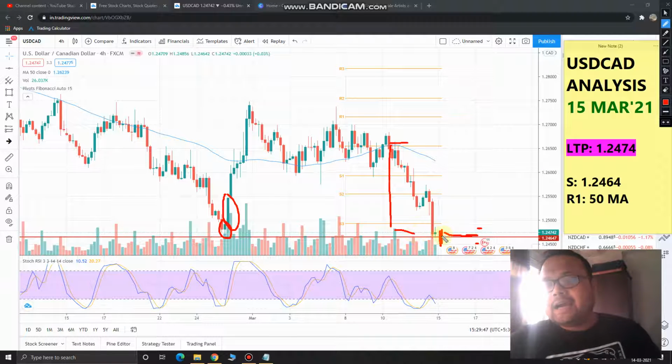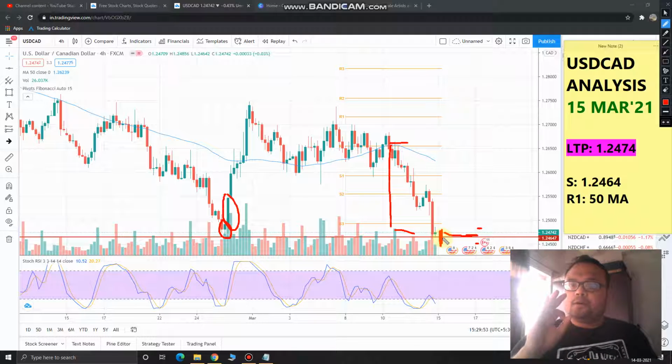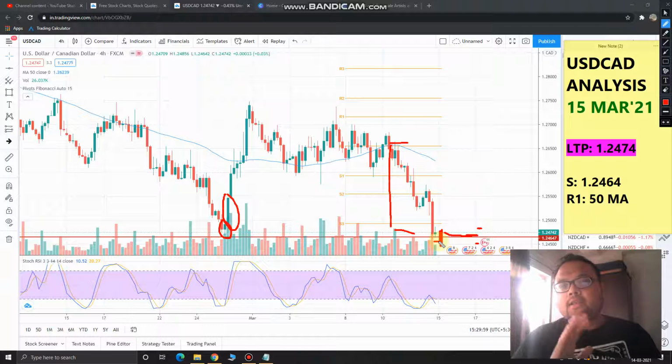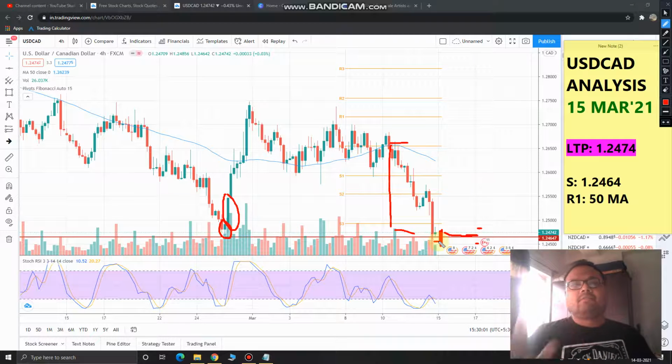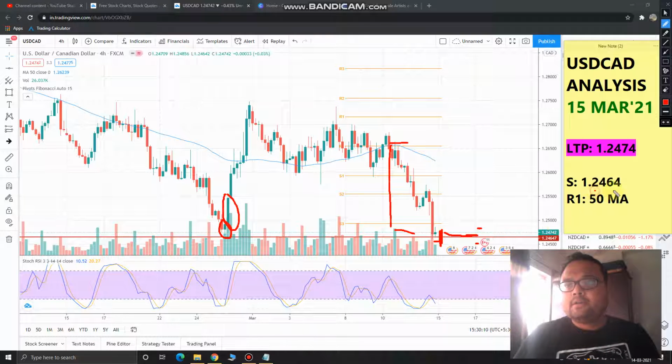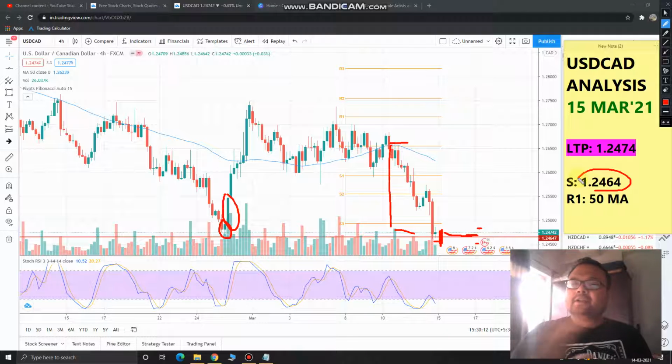In case the market crosses this line, look for the volume. If the volume is convincing enough, then you can short the market here. Just wait for 1 hour, 1.5 hours. If after 1 hour you see that the market is trading below the support level, this level 1.2464, then short the market.